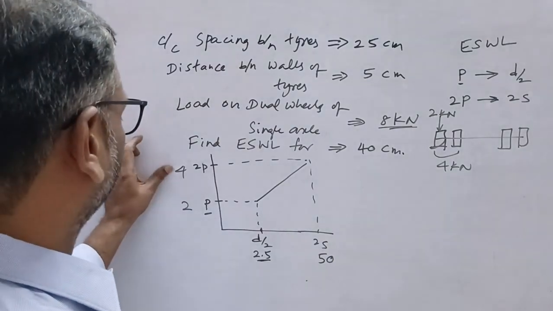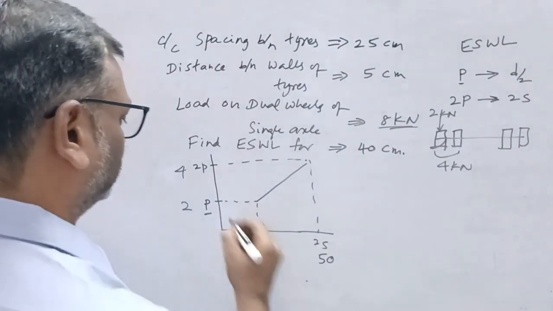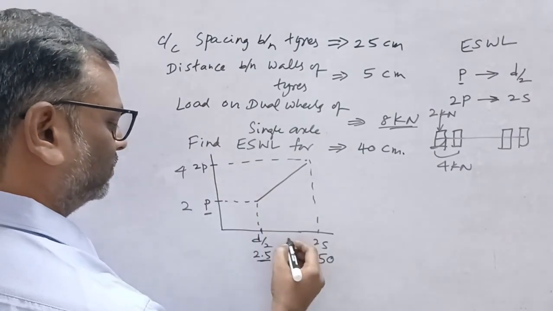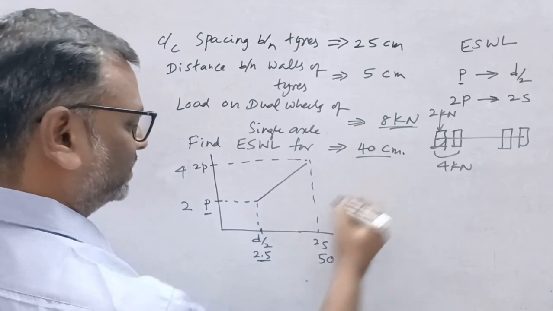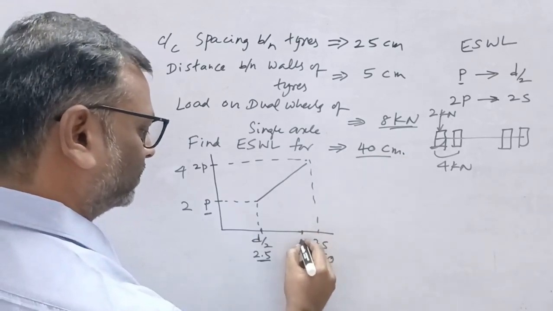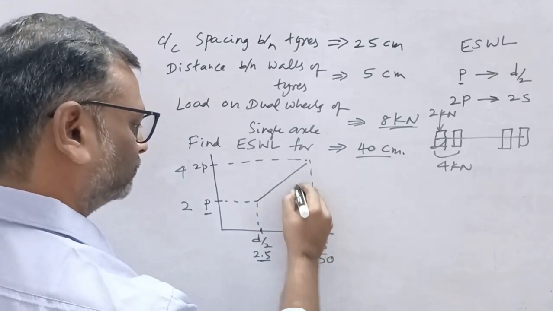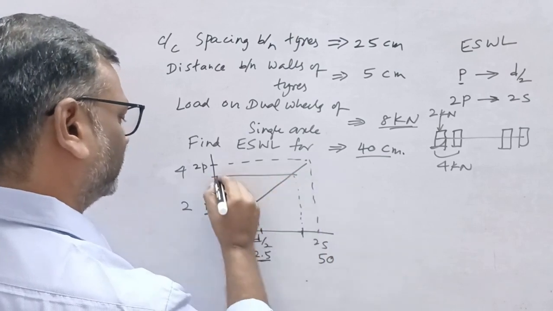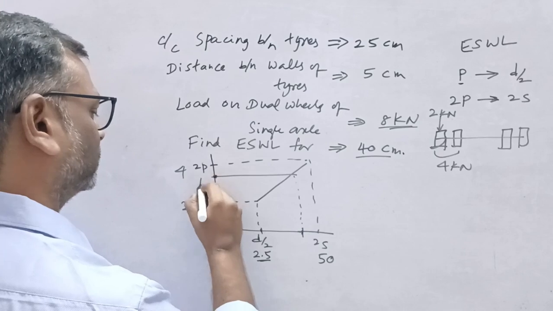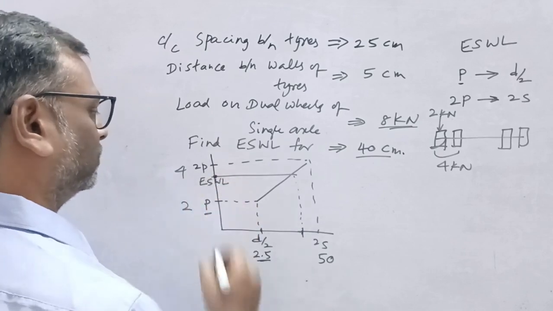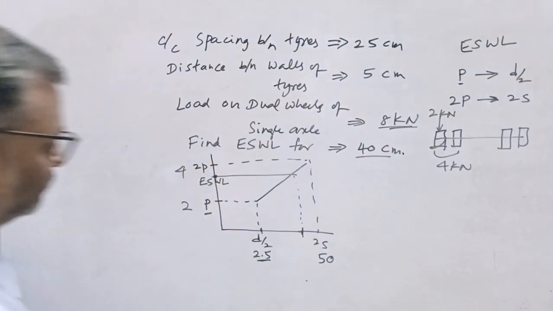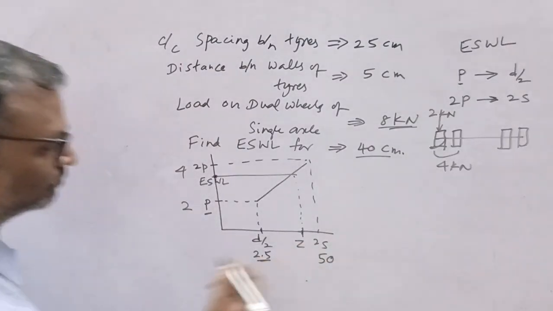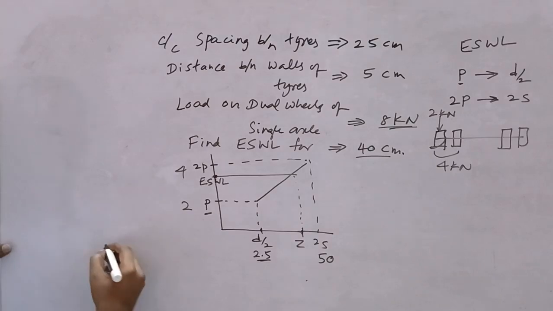And now we need interpolation for 40 centimeter. So somewhere here we need this load. This is ESWL. We need to find it out.